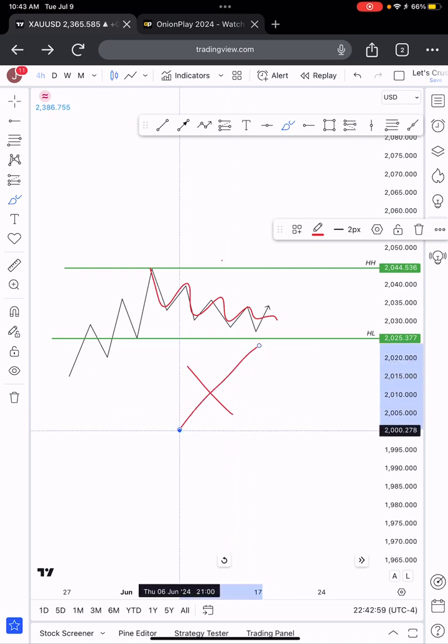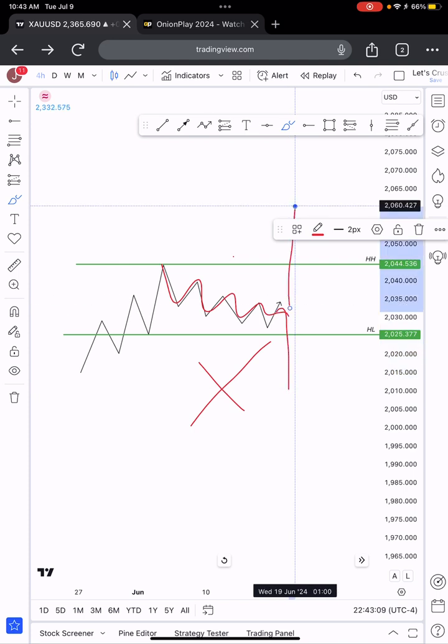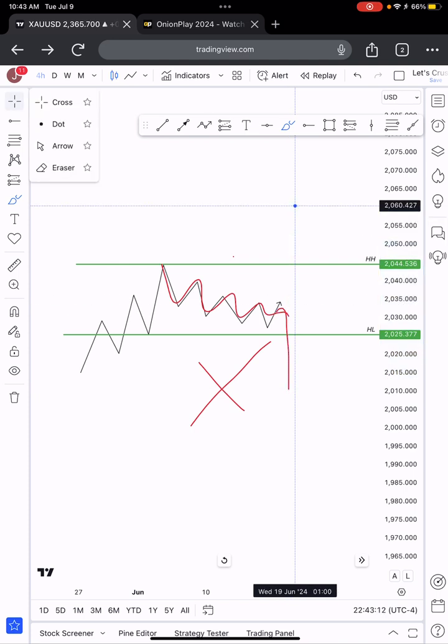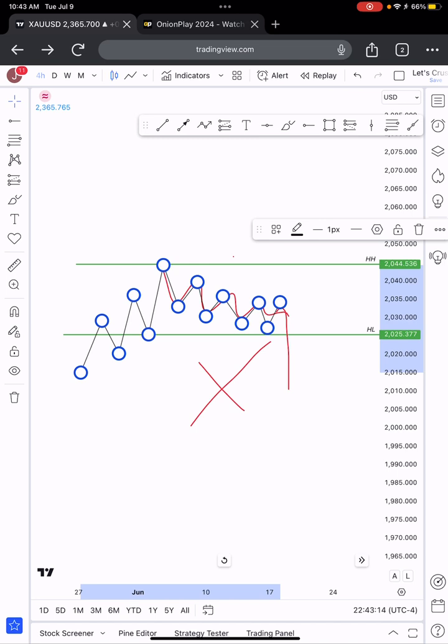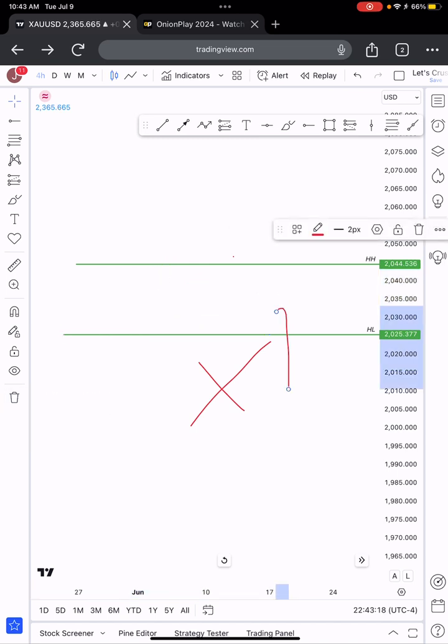It is nothing. It's just market structure, right? Because what could happen here is price could continue to push down or it could push up, right? So that essentially is nothing. It's just market structure, right? So we just remove this. So that's how you identify market structure, right?